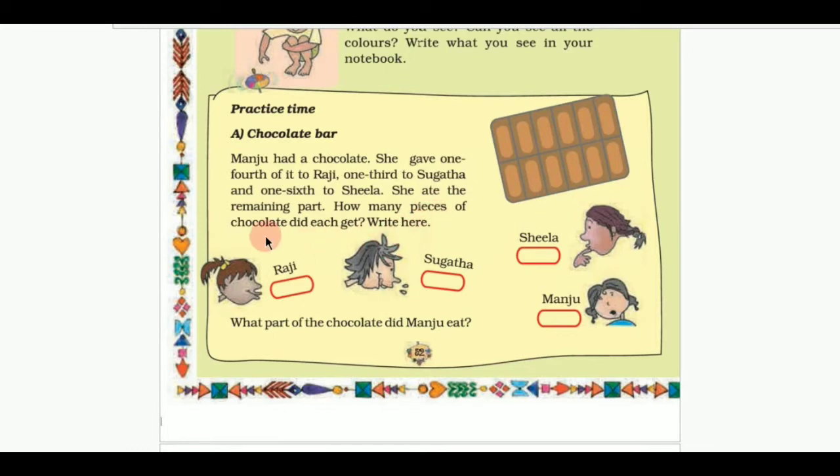How many pieces of chocolate did each get? So here the question is, how many pieces of chocolate did each girl get? Raji, Sugatha and Sheila. And the second question is, what part of the chocolate did Manju eat? So we have to also find out the part of the chocolate which Manju ate.